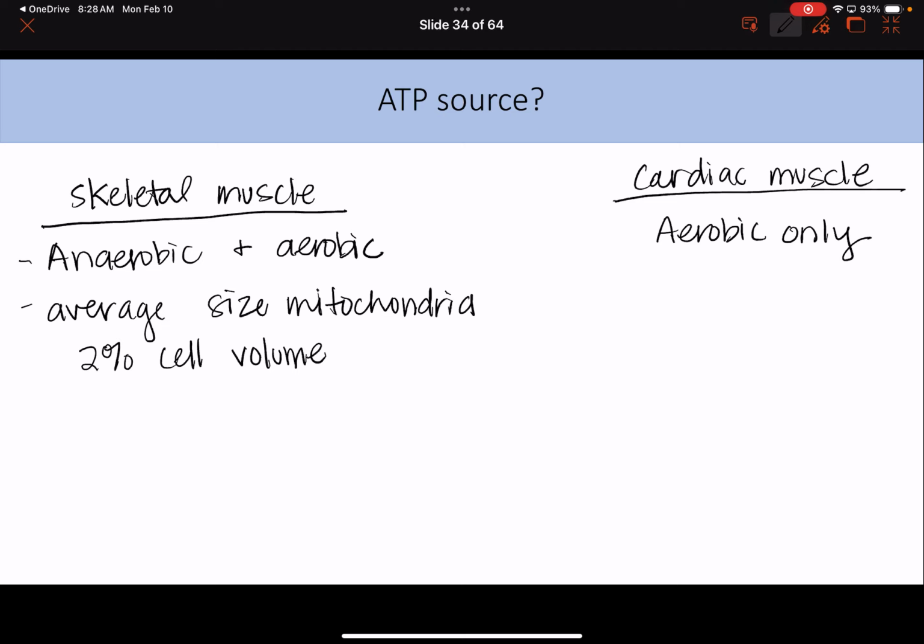Versus cardiac muscle, and rightfully so because they never stop working, these cells have large mitochondria. And these mitochondria take up 25 to 35% of the cell volume.